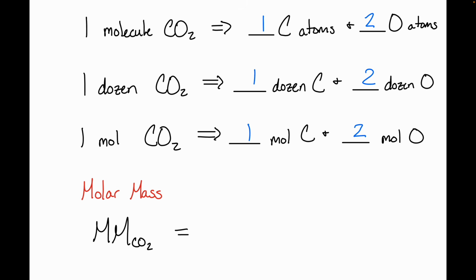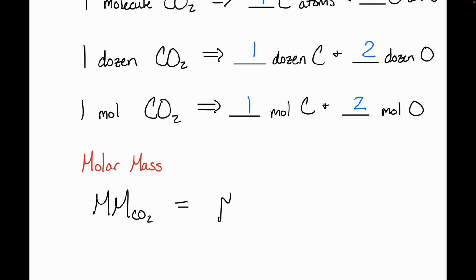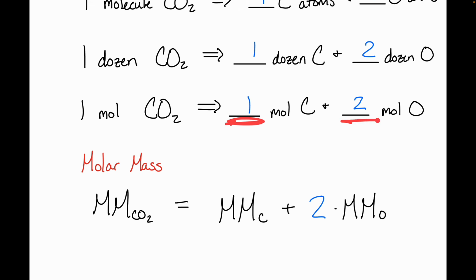It's perfectly additive. So if I want the molar mass of carbon dioxide, that would be the molar mass of my 1 carbon plus 2 times the molar mass of oxygen. That's because I have 1 mole of carbon and 2 moles of oxygen in that mole of CO2.